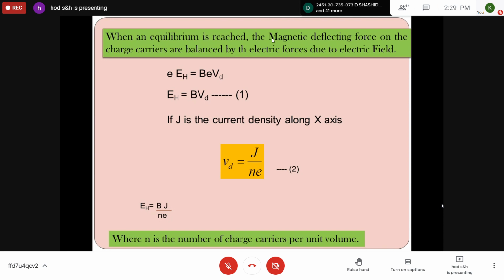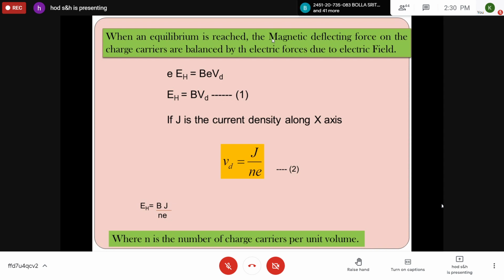In the presence of the magnetic field, the electrons acquire a velocity and experience a force of magnitude BeV along the negative z direction. This gives a certain potential difference, established between the top and bottom of the specimen, with the bottom face negative, because electrons accumulate at the bottom of the specimen.